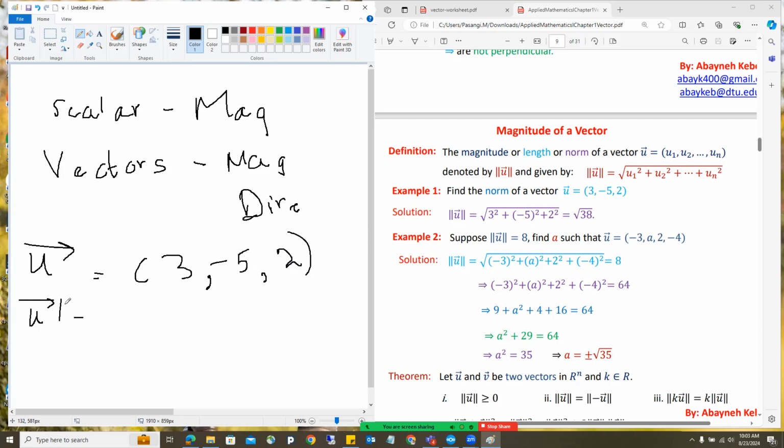If we wanted to find the magnitude of the vector, then it will be denoted like this with the modulus mark, but we are using two lines here.